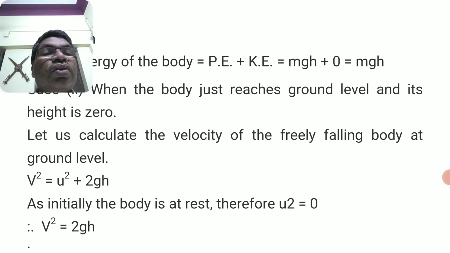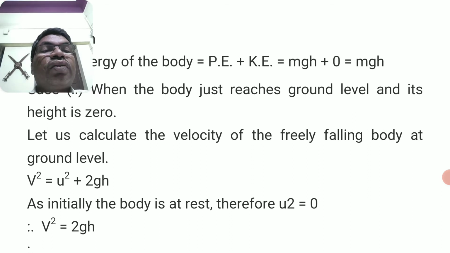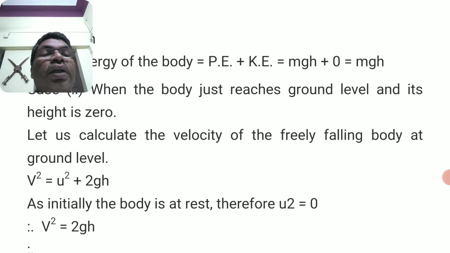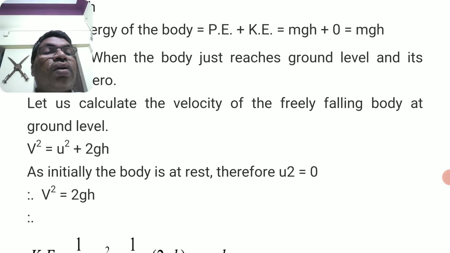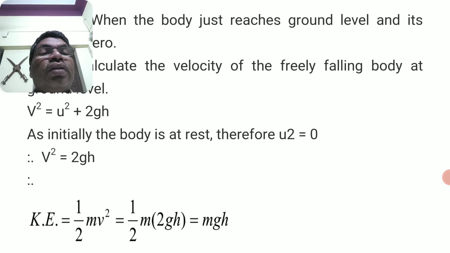So v square is equal to u square plus 2gh, or v square minus u square is 2gh. In place of a and s, we write g and h. As initially the body is at rest, u square is 0, then v square is equal to 2gh.